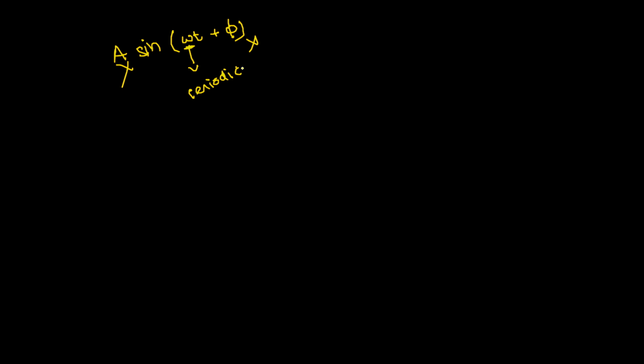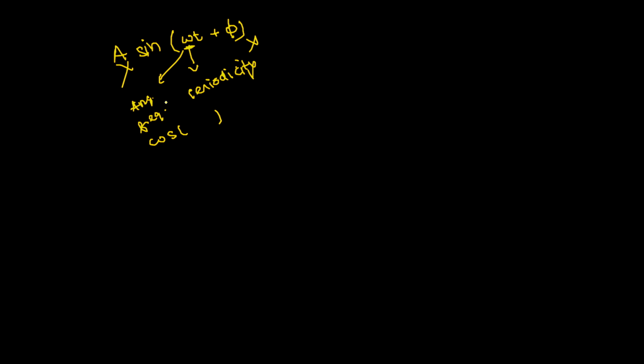So the rest of the function is literally irrelevant here. Regardless of what value of a you have and what value of phi you have, it doesn't matter. When you have a cos or sine value, the only thing that you need to look at is the coefficient of t. That coefficient of t is omega or angular frequency. So omega is angular frequency, and that is the only thing that matters.